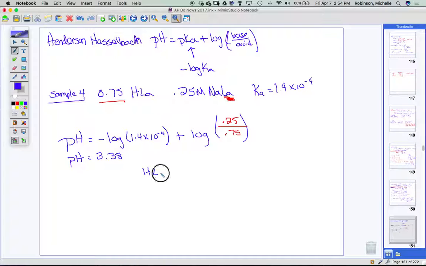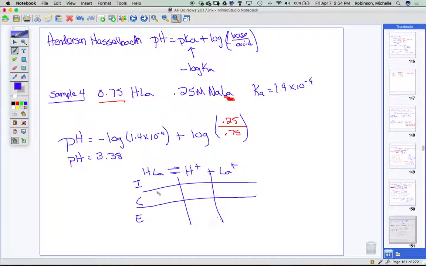What would it look like in an ice table? You don't have to write it on your paper. What would this initial concentration be? And this one would be 0.25, and this would be 0, minus x, plus x, plus x. So 0.75 minus x, 0.25 plus x.